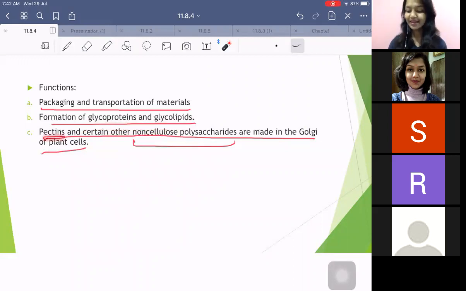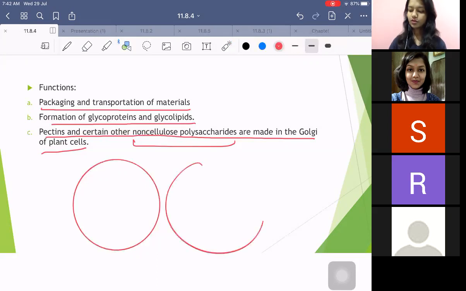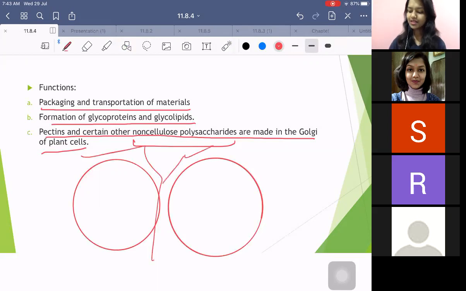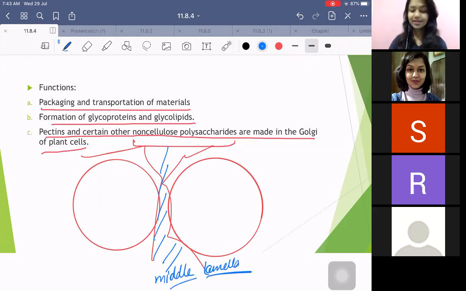Then it can also make pectin compounds, non-cellulose polysaccharides in plant cells. Why? Because if there are two plant cells, between the cell walls of the plant cells you get pectate. Remember calcium pectate? Remember middle lamella? Middle lamella is made up of calcium pectate.